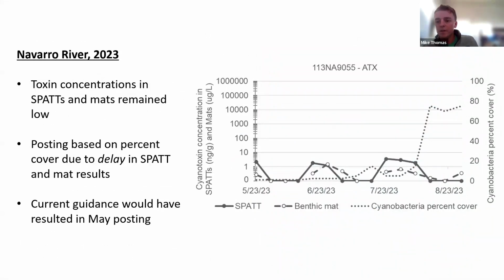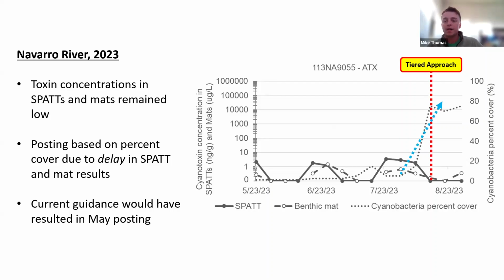Okay, now moving into the Navarro River in 2023, you can see that anatoxins oscillated throughout the season but remained low. Note that spat and mat results for this site were also coming in at about a two-week delay. So when we saw the large increase in percent cover in mid-August, we did recommend a toxic algae alert out of an abundance of caution.